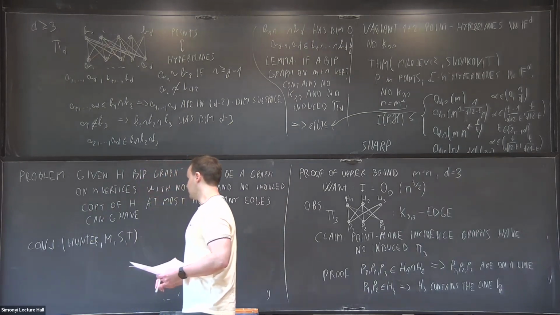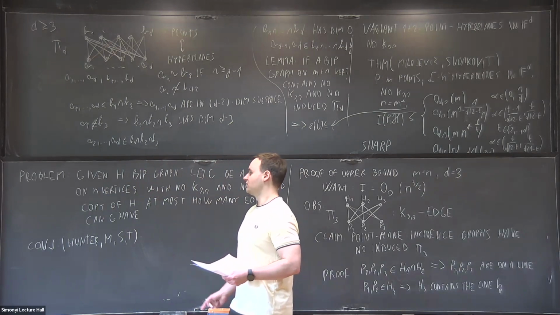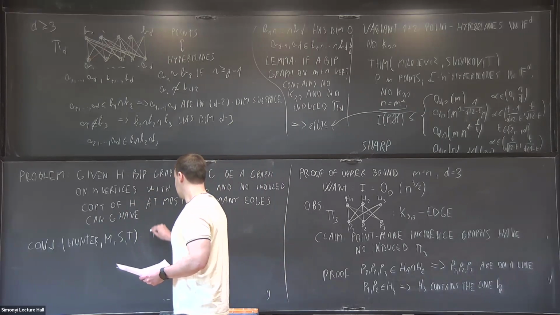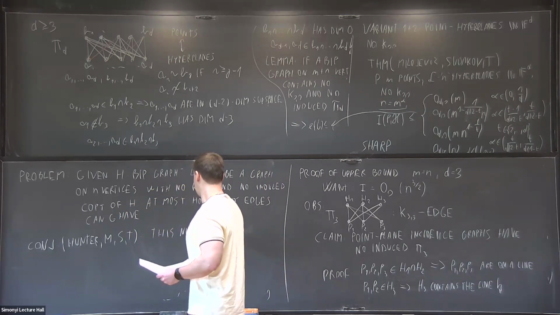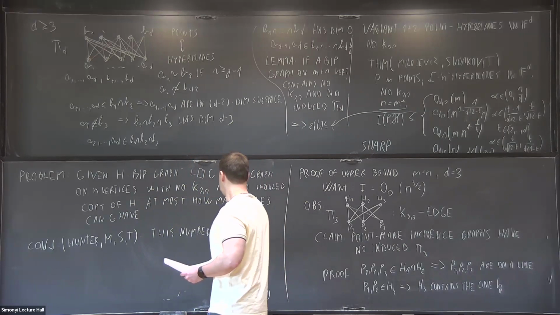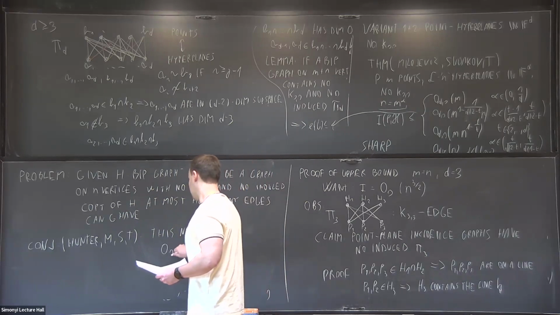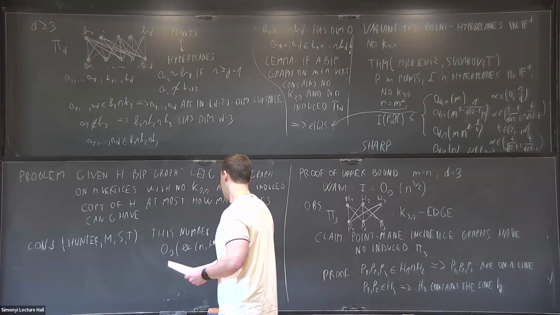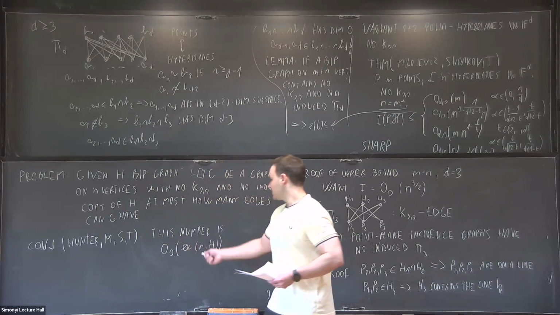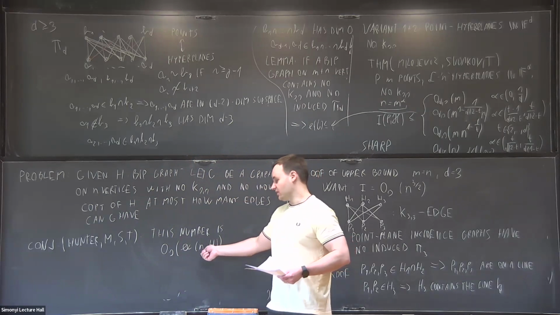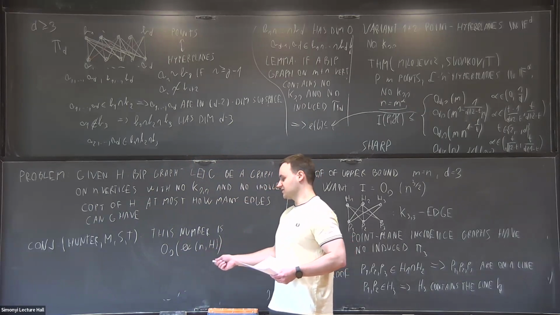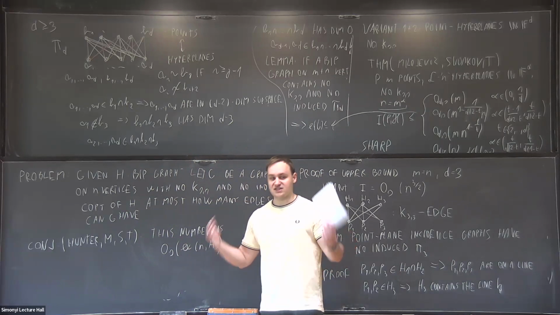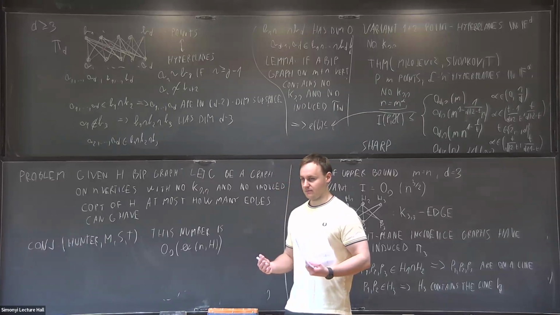So we believe that the maximum number of edges should be roughly the extremal number of H, that is, a constant depending on S times ex(n, H). So this is the maximum number of edges of an H-free graph on n vertices, where now H-free means that it just avoids H as a subgraph and not necessarily as an induced subgraph.